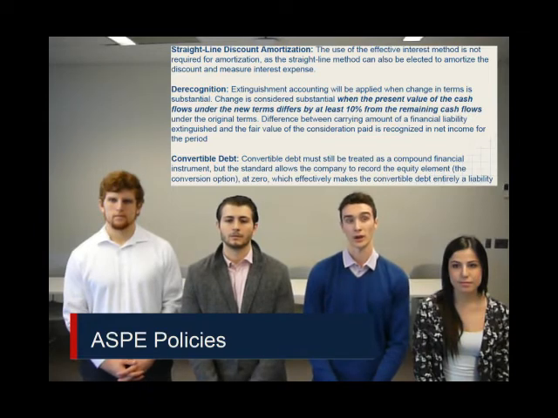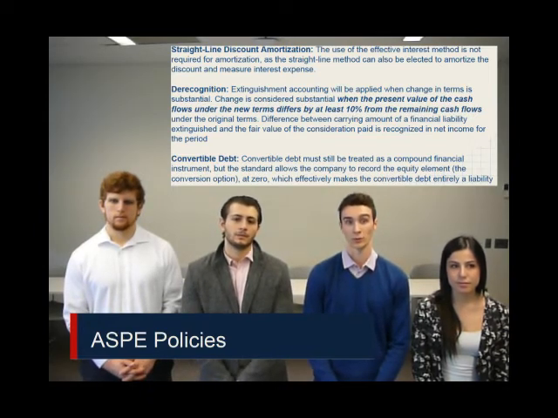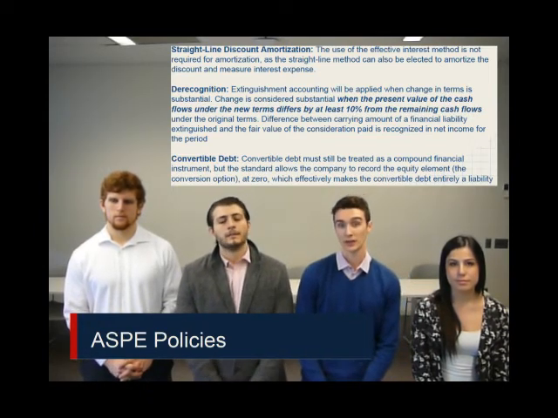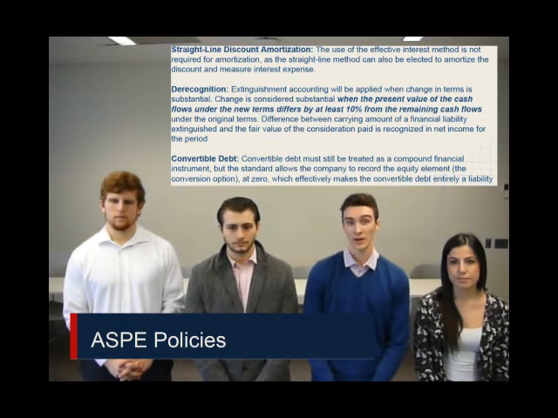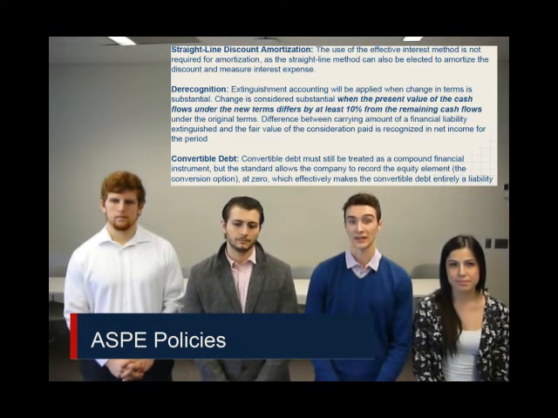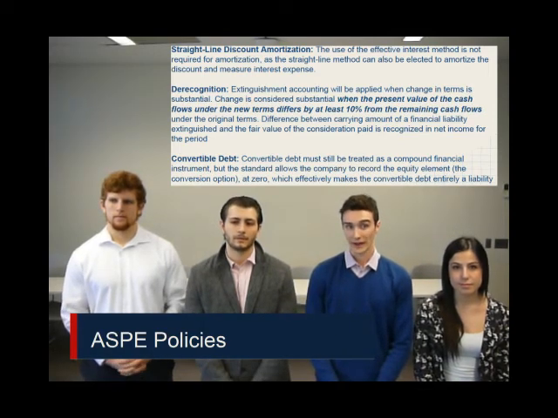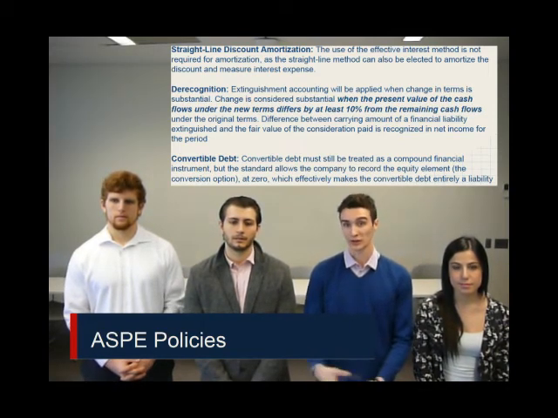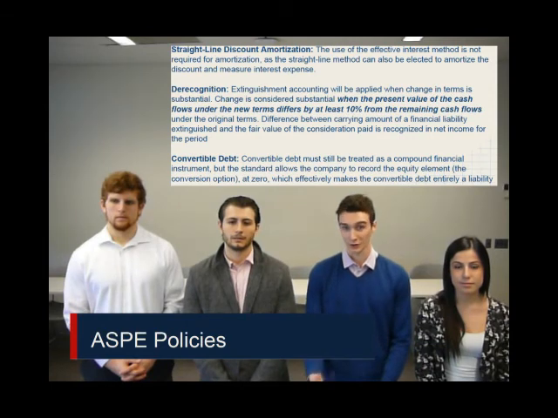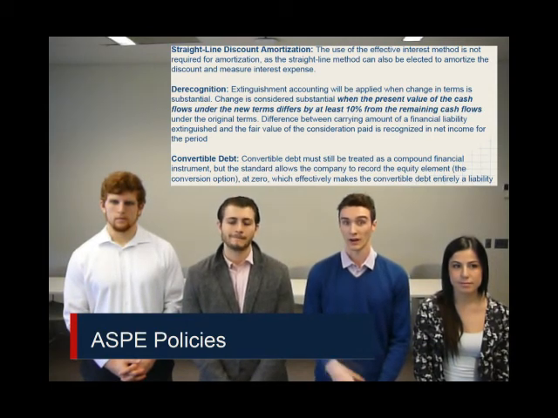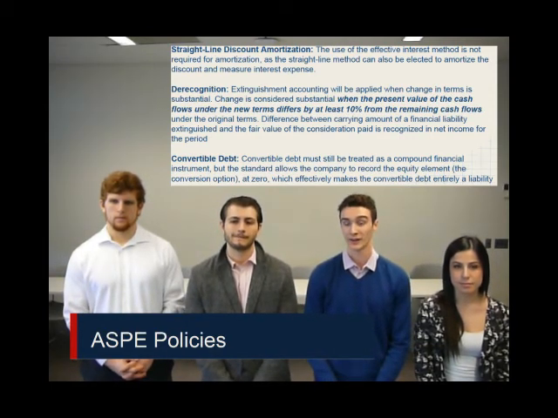And then another policy under ASPE is convertible debt, and this must be treated as a compound financial instrument, but the standard under ASPE allows the company to report equity as either at zero or using it the IFRS way, which effectively makes the convertible debt entirely a liability.